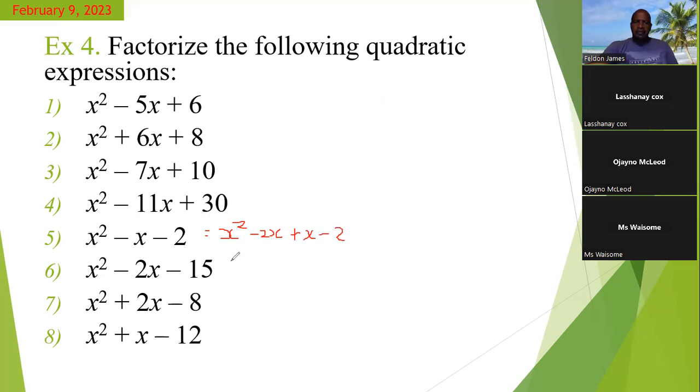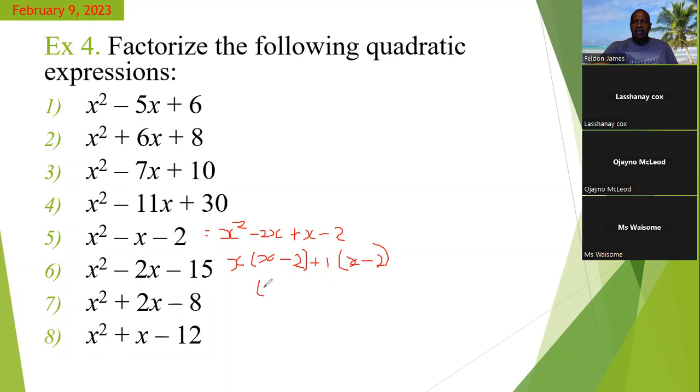For the first pair, x is common. So x into x squared gives you x. X into minus 2x will just give you minus 2. For the second pair, what is common would be 1. 1 into x gives you back x. 1 into minus 2 gives you minus 2.